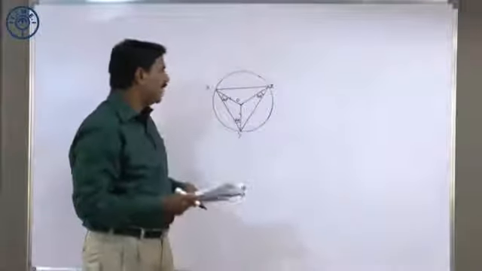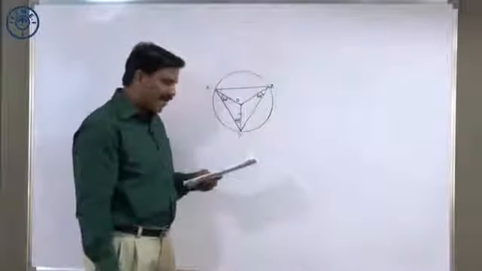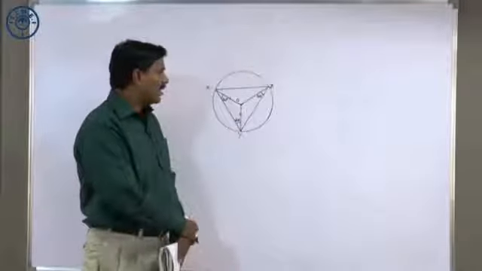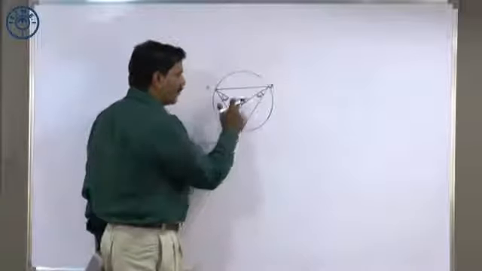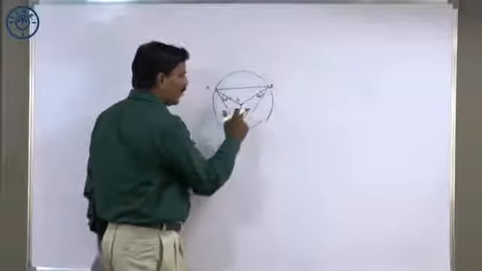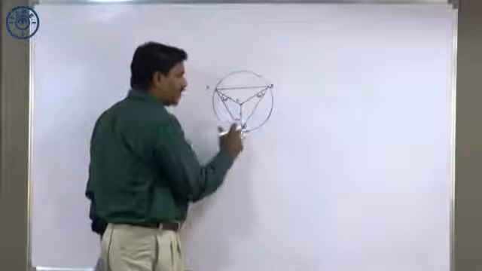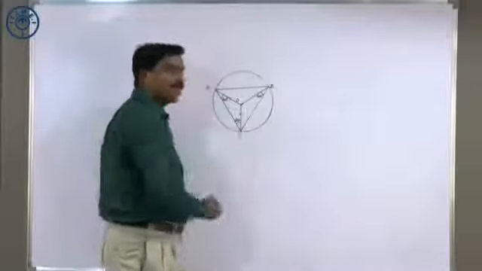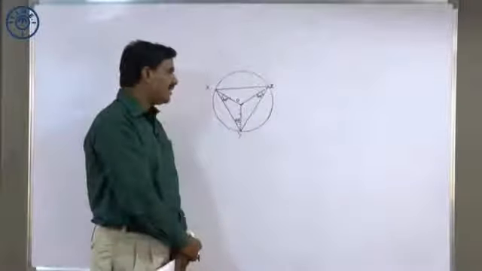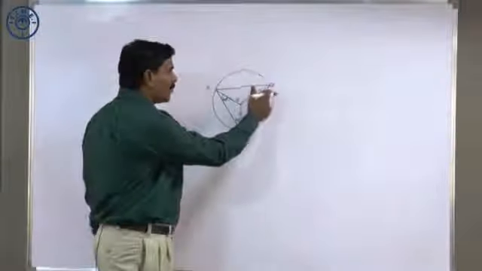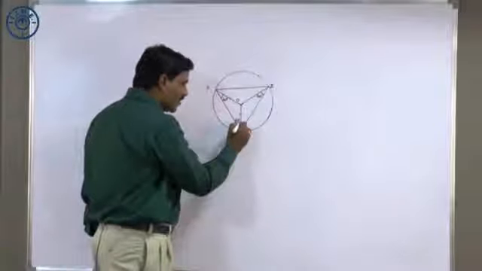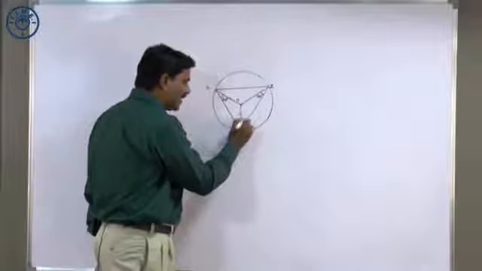And if you are looking at OZY mentioned as 40 degrees, using the same logic, OZ is the radius of the circle, OY is the radius of the circle. So OZY is also an isosceles triangle with OZ and OY as equal sides. So obviously angles opposite to Z and Y should be equal, so this also should be 40 degrees, right?